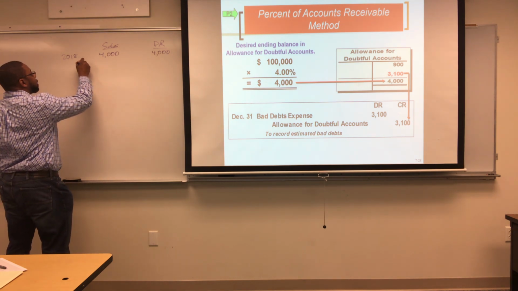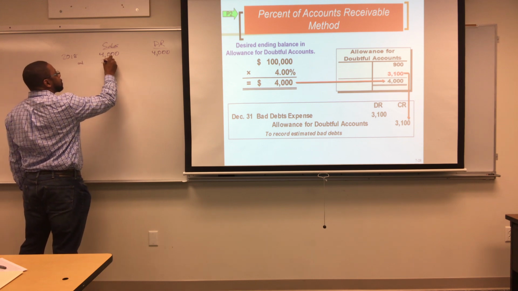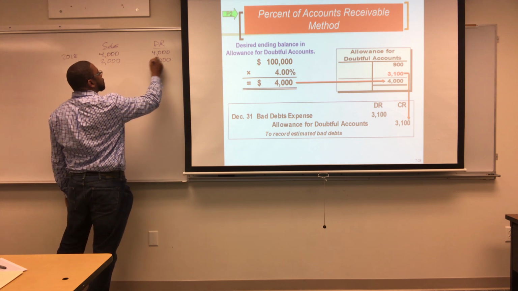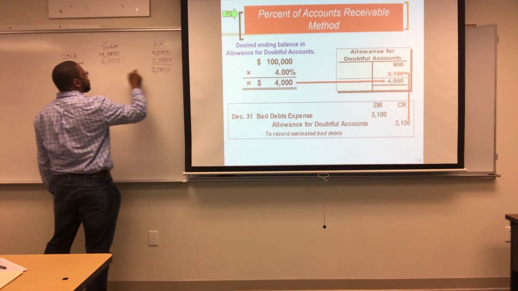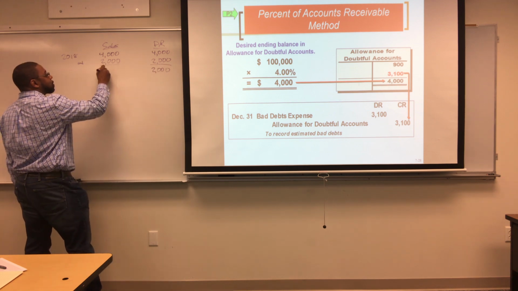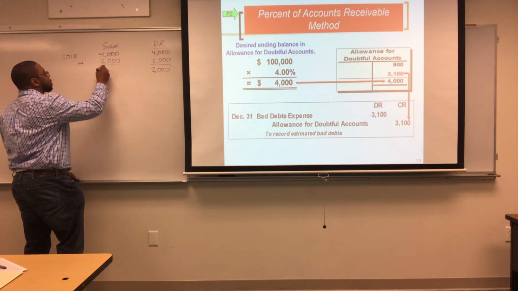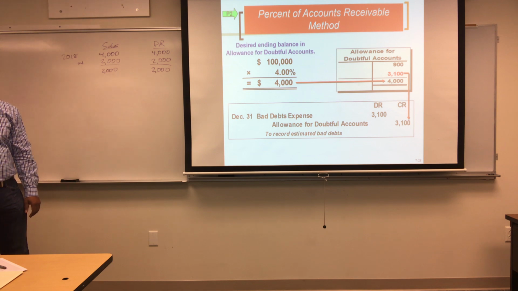At the end of the year, we use, let's say 2,000 each, right? Here we'd have an ending balance of 2,000, and here we'd have an ending balance of 2,000. Everyone with me so far?